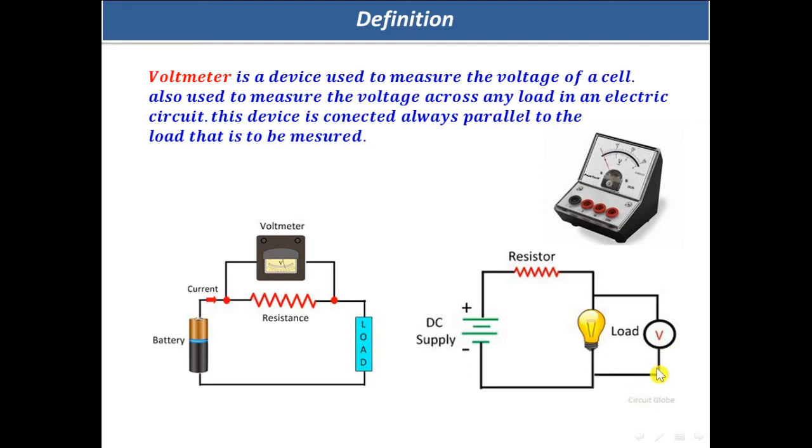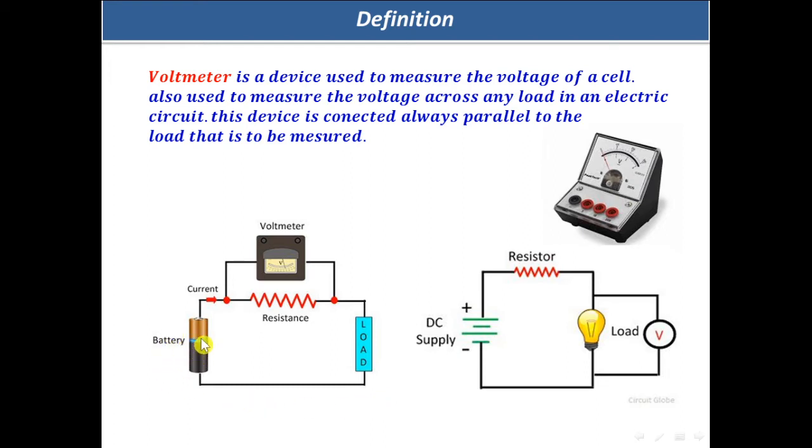I connect the corresponding ends of the voltmeter with the load, and we call this a parallel connection when the corresponding ends are connected together. So the voltmeter is always connected in parallel with the load or with the power source, so that I can measure how much voltage is produced from this source.